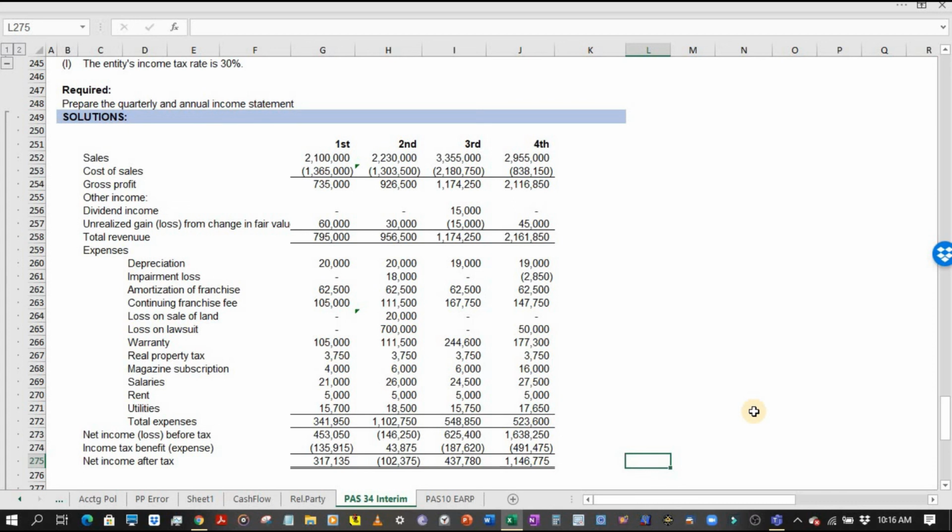Because if there are changes in the tax rate during the accounting period, and the effect of the change will be applicable to the whole accounting period, the computation of the income tax expense will not be based on the non-cumulative NIBT. Instead, it should be based on the cumulative NIBT, which will be determined when we prepare the cumulative income statement, which is the second set of the interim income statement for interim reporting purposes.